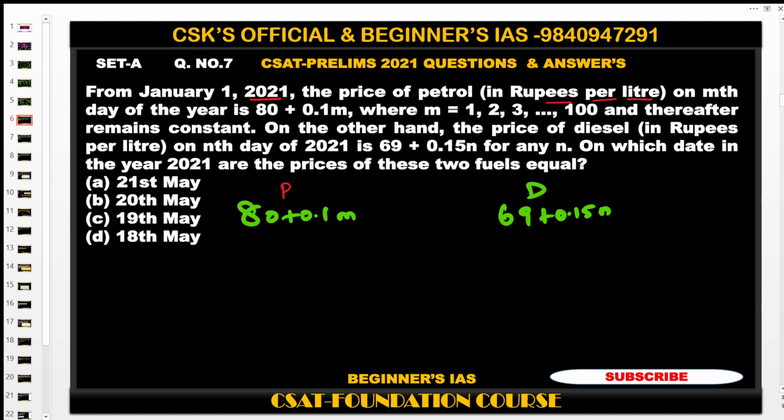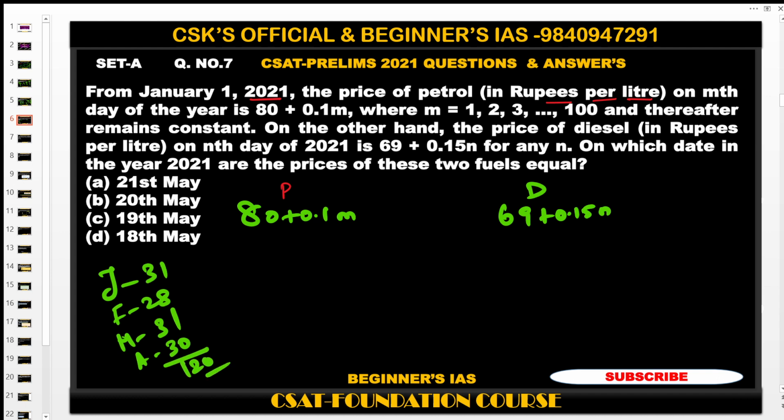Two fuels are equal. Now listen carefully. Go with the option. All the options are dealing with May. So therefore totally January contains 31. Then February contains 28 since it is a non-leap year. So then March contains 31. April contains 30. If you add this, you will get 120.